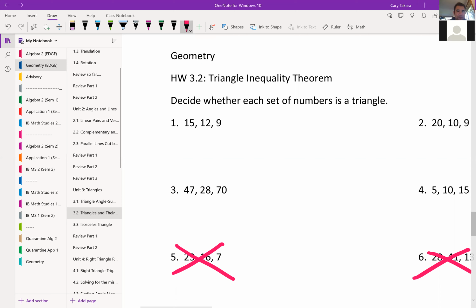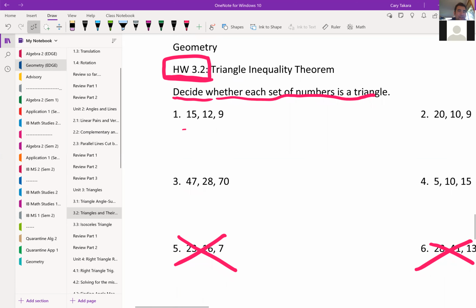So the first one, please write this down, homework 3.2, okay? The question is, decide whether each set of numbers is a triangle. If you have 15, 12, 9-inch long, let's say spaghetti sticks, will you be able to form a triangle?